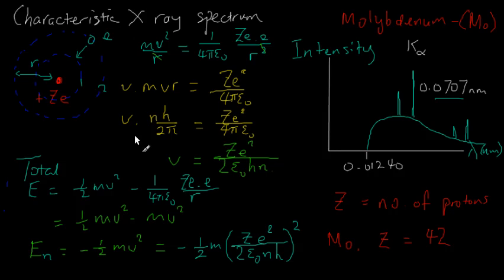For now, I'm not actually going to do this calculation, but I just want to mention one thing about this relation, which is that you see the En here depends on Z squared, the number of protons squared.